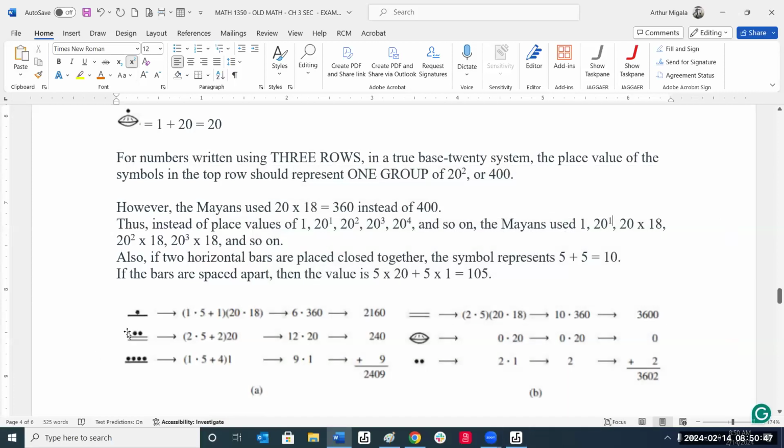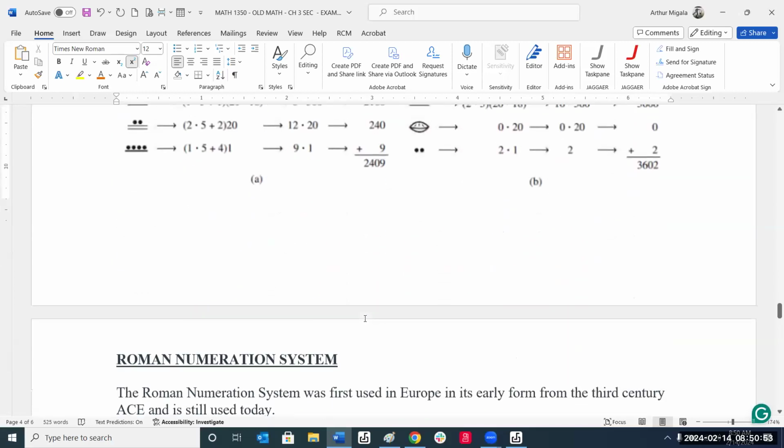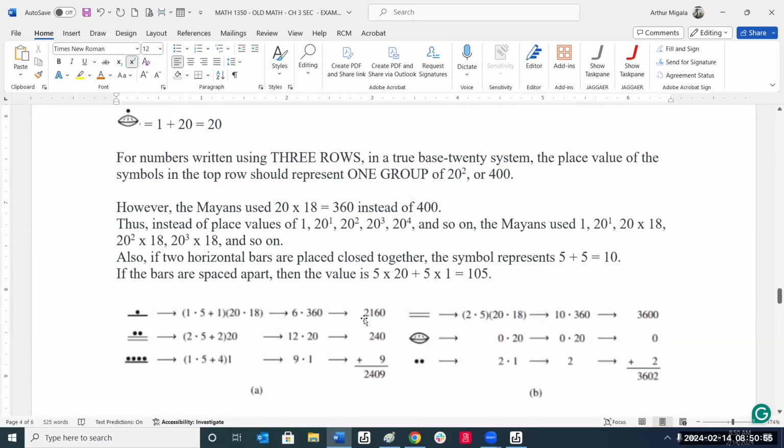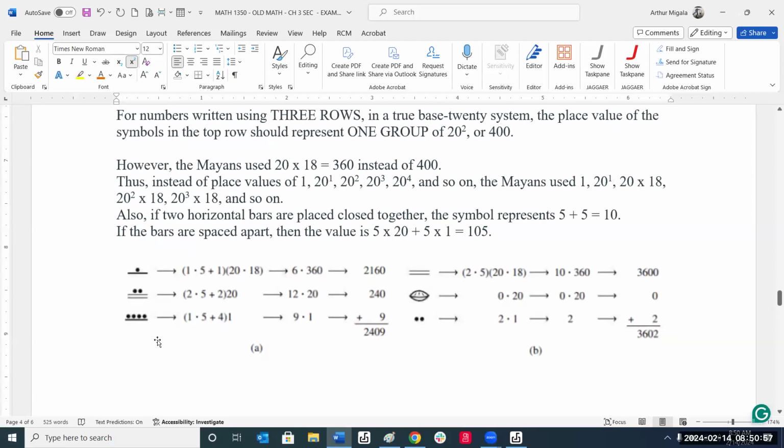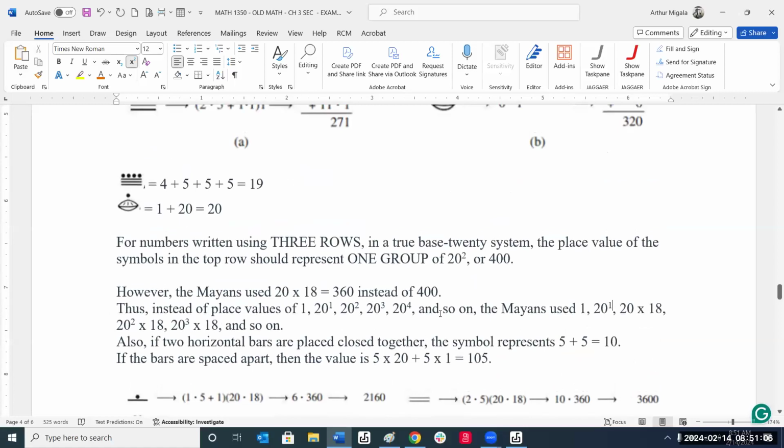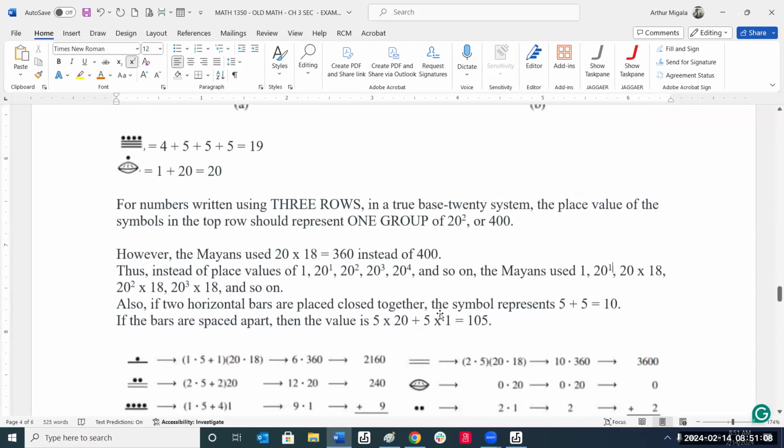So as you see, the way they write these numbers, let's go back. I'm missing some examples.